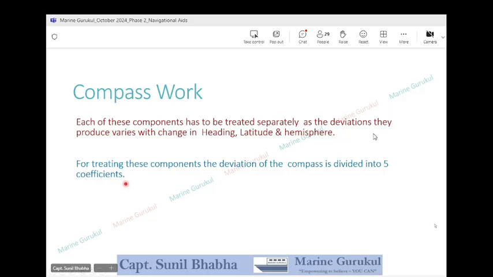By dividing the deviation of the ship into 5 different parts. These parts are known as coefficients. Now, what are these coefficients? These coefficients are named A, B, C, D, and E, the first 5 alphabets. This is how the coefficients are named.